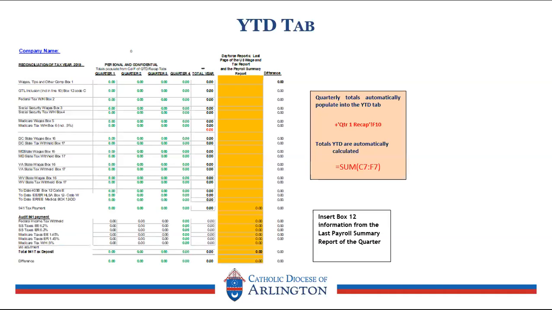Quarterly totals populate in from the four quarter tabs to arrive at the year-to-date totals on the year-to-date tab. These totals are compared to the totals taken from the total pages of the U.S. wage and tax report. Key amounts into the orange column, research any calculated differences. Note, box 12 quarter-to-date numbers can be taken from the last payroll summary report of the quarter.